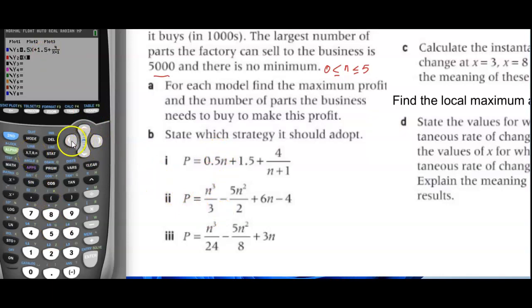Ooh, but x cubed divided by 3. So I'm going to use the vertical fraction again. Put x cubed on top, and I'm going to put 3 on the bottom.